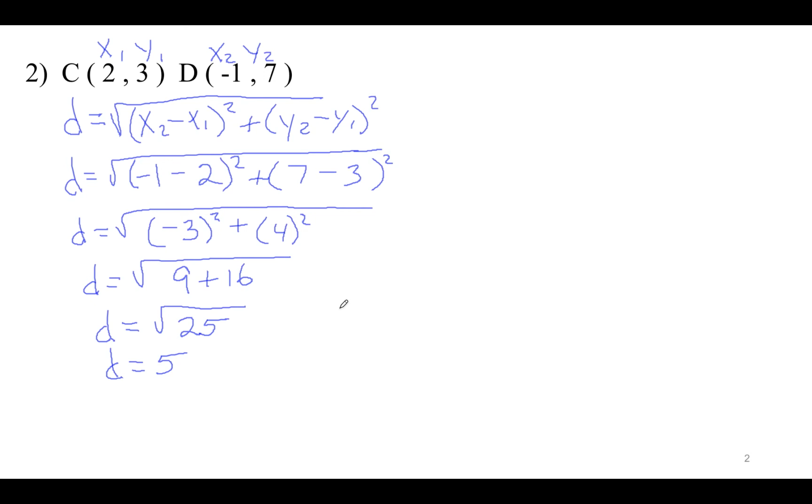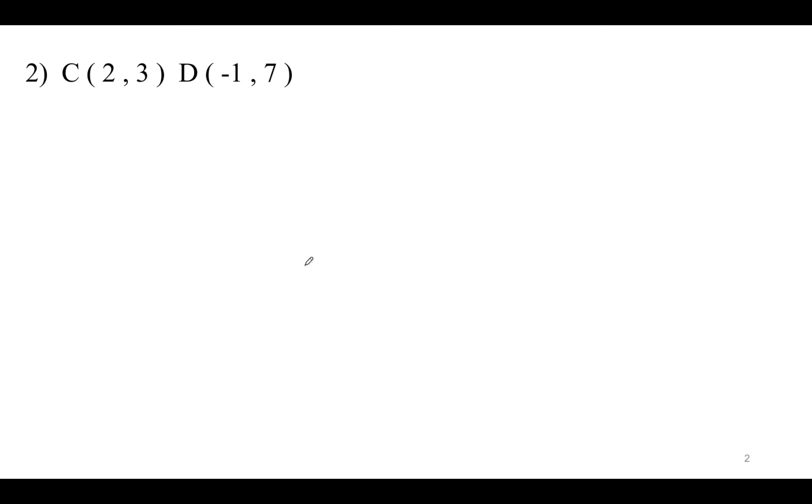Try number 3. Now, if you'd like to try this on your own before you proceed with the video, it'd be a great idea. Okay, so let's go. We'll make this one x1, y1, x2, y2.